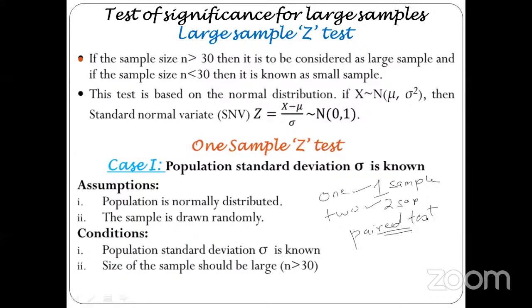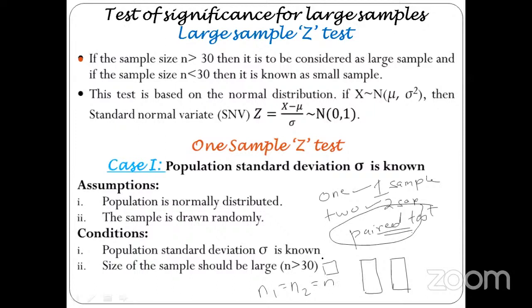Then what is meant by paired T test? If we have certain objects, and we have two samples of the same objects, then any test done on this is called paired T test. And how do we write the definition? The definition is when n1 is equal to n2 is equal to n.